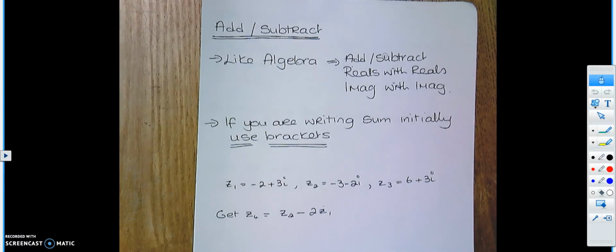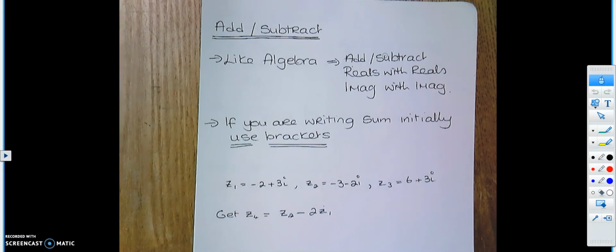So just going through the first bit. If you get asked in a question to add and subtract complex numbers, it's exactly the same as algebra, right? You're going to add and subtract the real numbers with the real values, and the imaginary numbers with the imaginary numbers. So the parts of the sum without the i's, you add together or group them, and the parts with the i's, you group them, right?